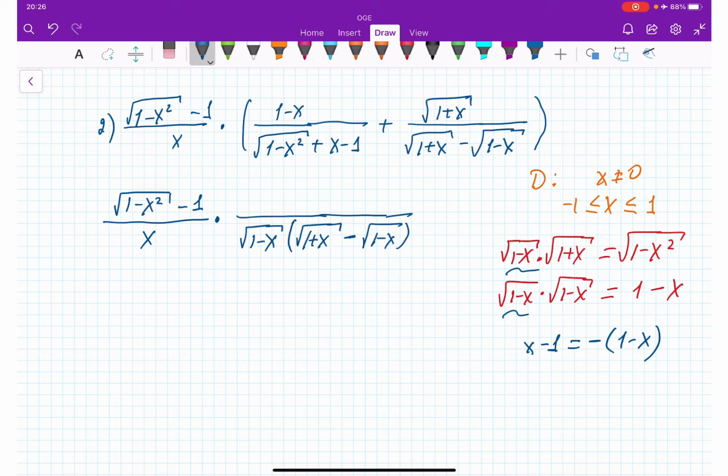See, if I open parentheses, I will get still negative 1 plus x, which is the same thing as this one. I just put negative in front and switch positions because it will change the sign also, right? Therefore I will have 1 minus x left in parentheses. And in numerator I will have 1 minus x.